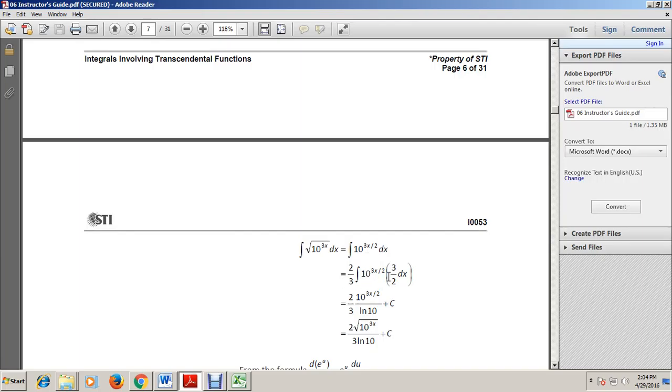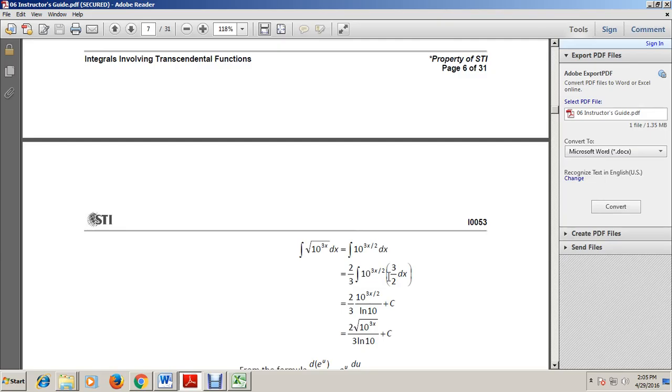Okay, so let's start with the given integral of the square root of 10 raised to 3x, dx. The integral was converted into the integral of 10 raised to 3x over 2, dx. Next is to let u equal 3 halves x.